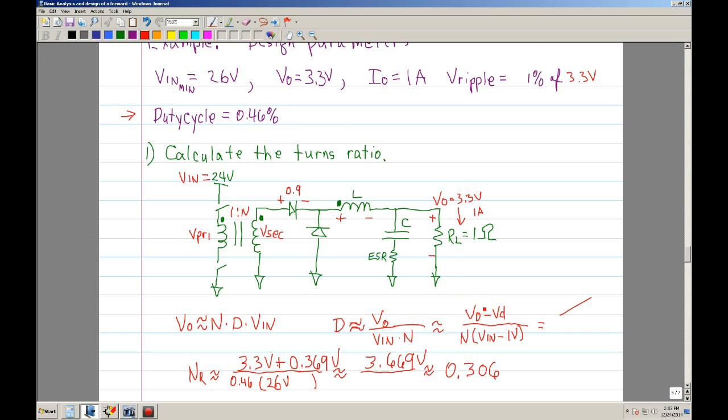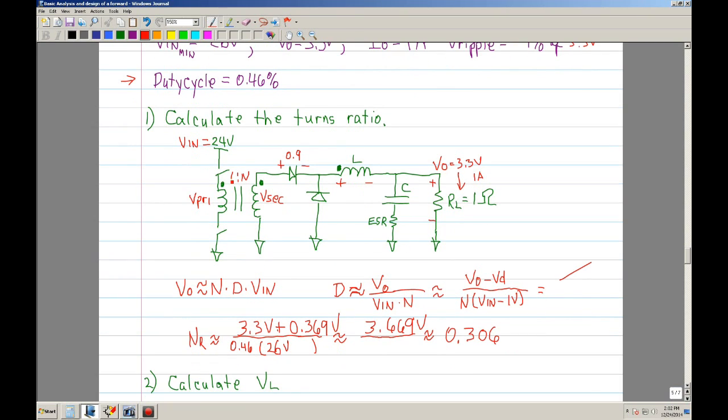So the first thing that we want to do is calculate the turns ratio. How do we do that? Well, we've already derived the transfer function. This is V out, this is the turns ratio, and I'll put a little R there.